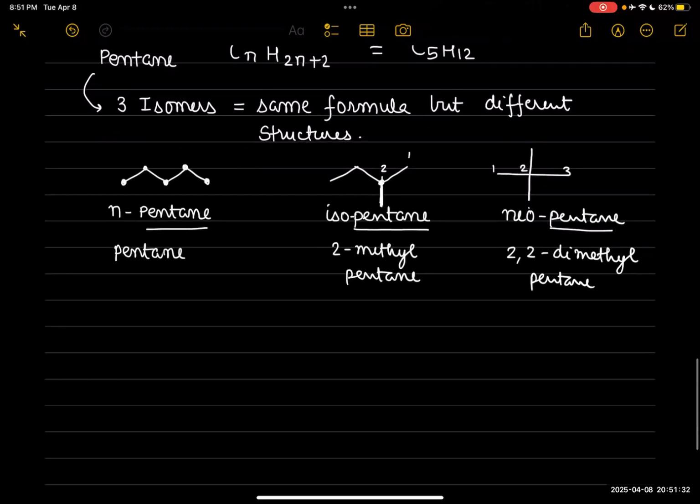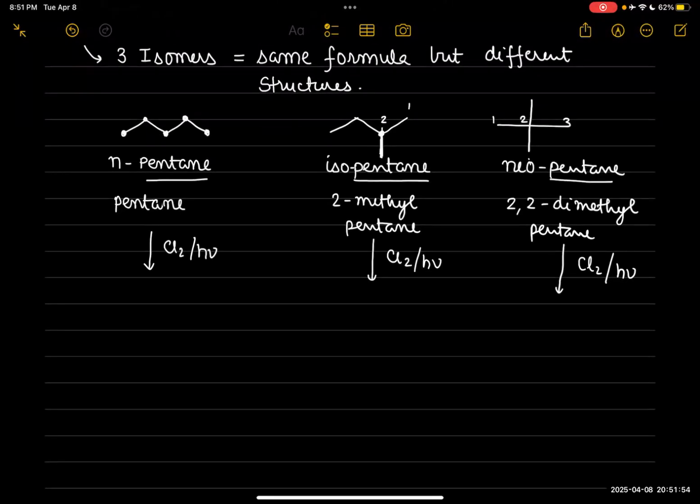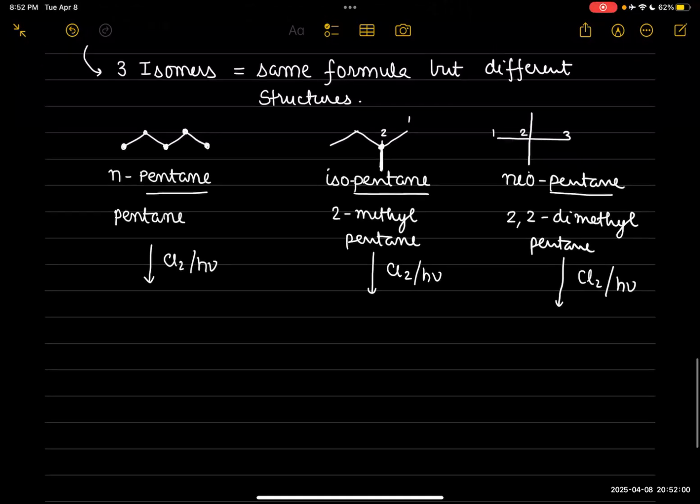So now my question is, if I do the chlorination with 1 mole, this is the short way to write, Cl2 dash h nu, where h nu means light. How many different monochloro derivatives can I get? You need to draw them.